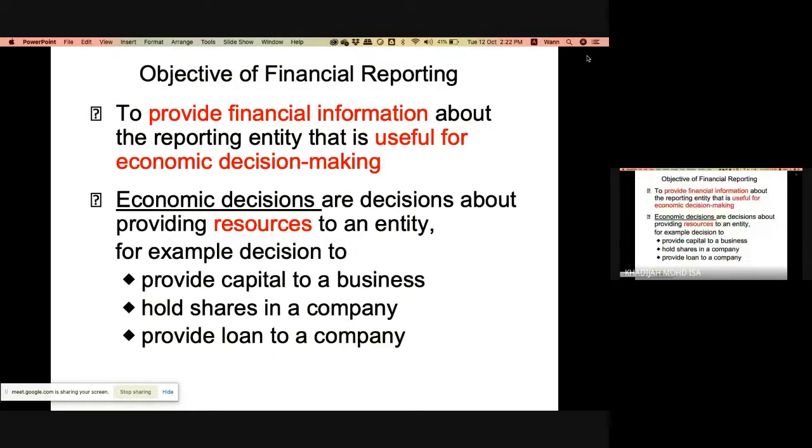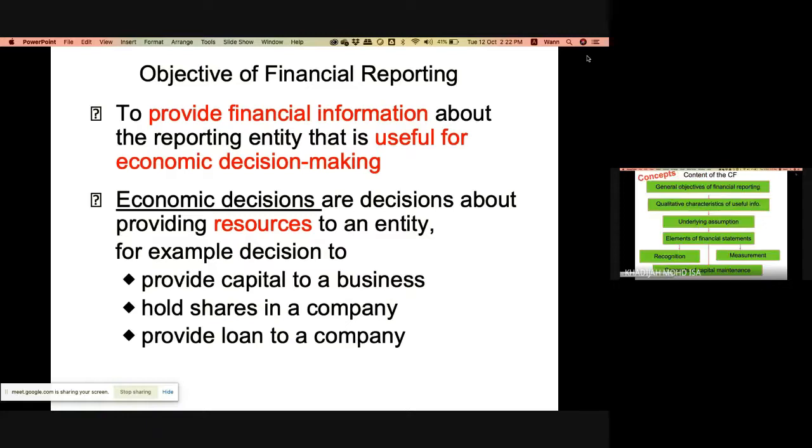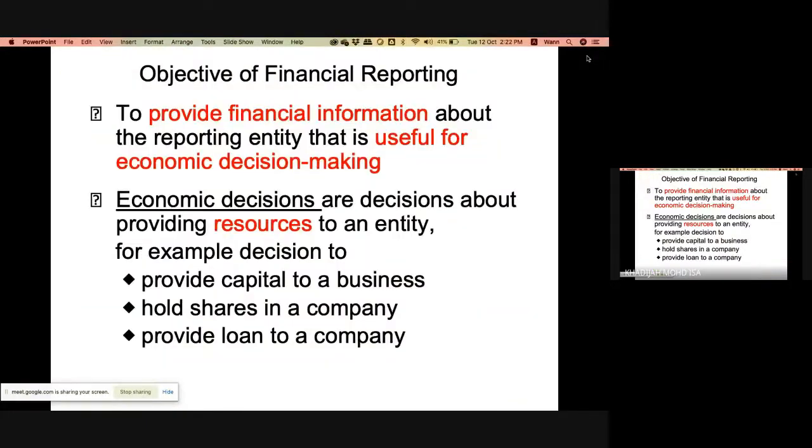Number one is the objective of financial reporting, the general objective. What is the objective of financial reporting? To provide financial information. Nothing more but to provide financial information. That's why we say financial reporting only provides one type of information.